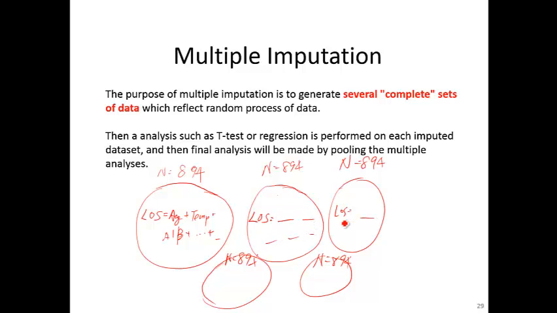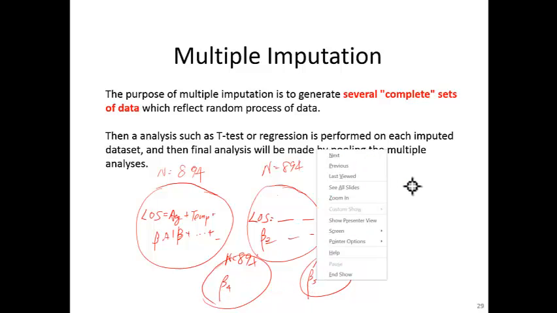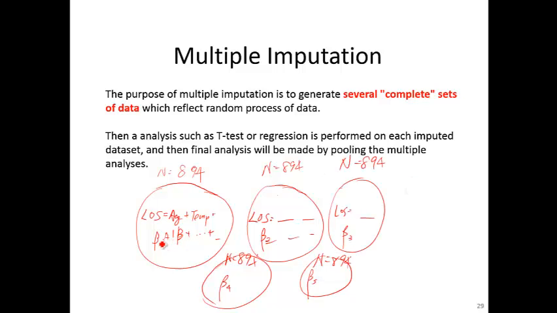Let's say you are interested in assessing the effect of albumin on hospital length of stay. In the first data set, compute beta 1 as the effect of albumin, in the second data set, compute beta 2, in the third, beta 3, in the fourth, beta 4, and in the fifth, beta 5. These are the beta coefficients for albumin based on these linear regressions.